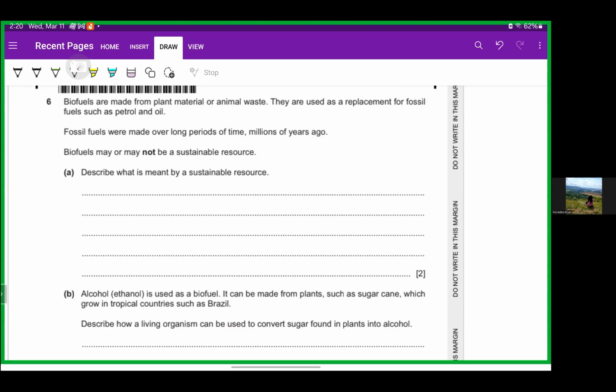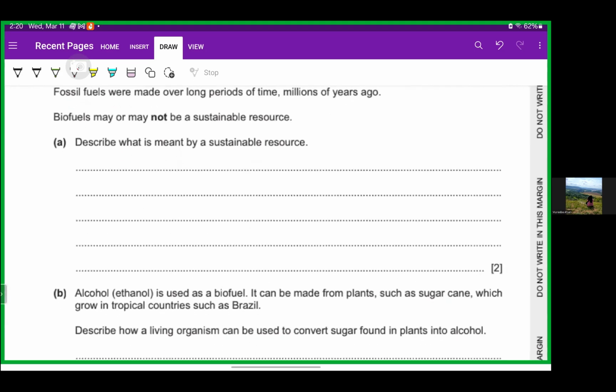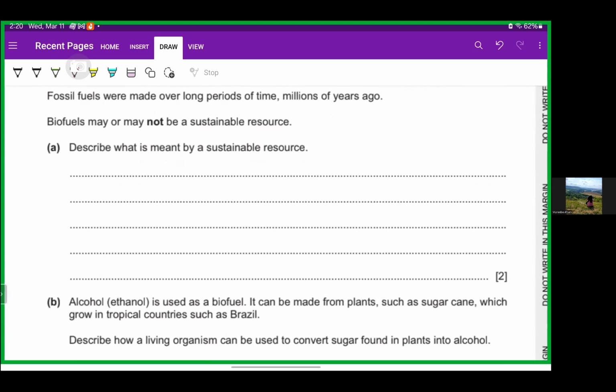Sustainable resources are those resources which are produced as rapidly as they are being removed, or you can say consumed. Fossil fuels will run out because we are consuming them quickly and they take millions of years to form. However, sustainable resources will be produced at the same rate as they are being consumed, and hence they will not run out.